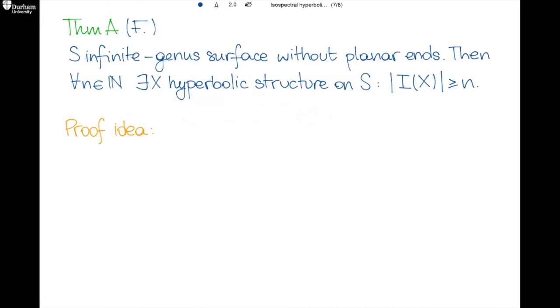The first theorem was under these conditions, which are the same as the last theorem that I mentioned. I can find large isospectral families.